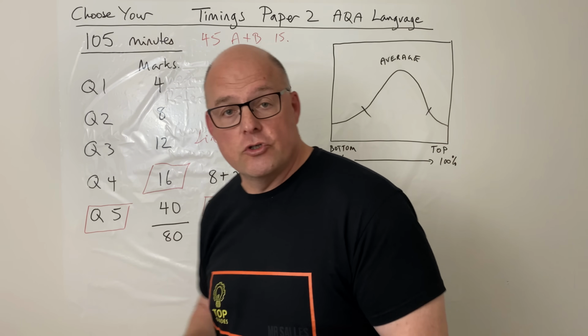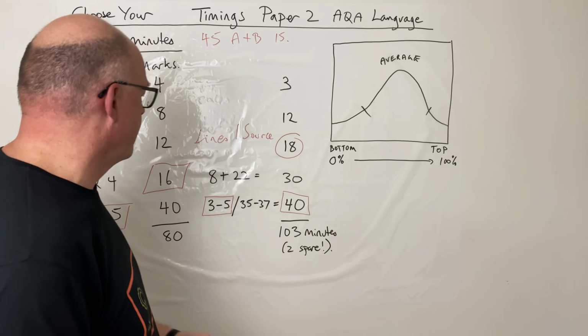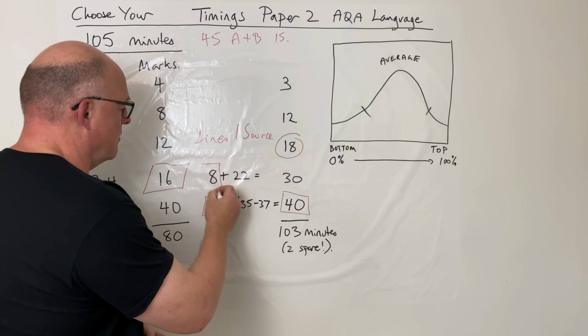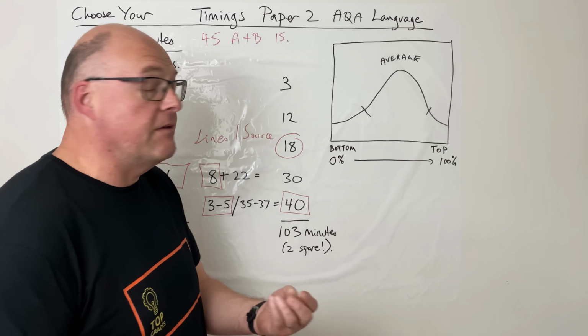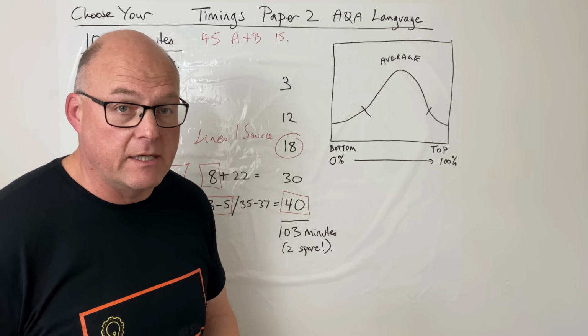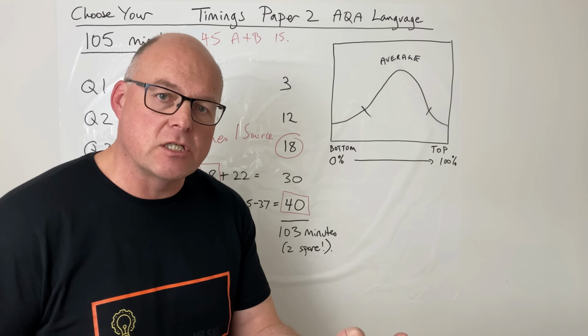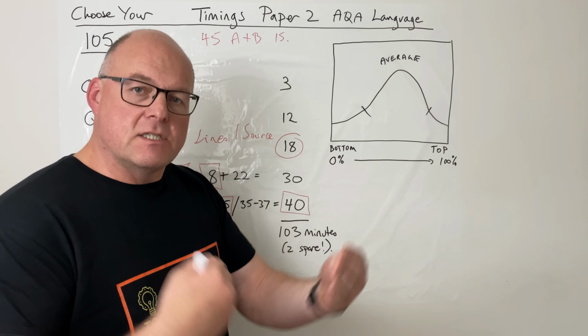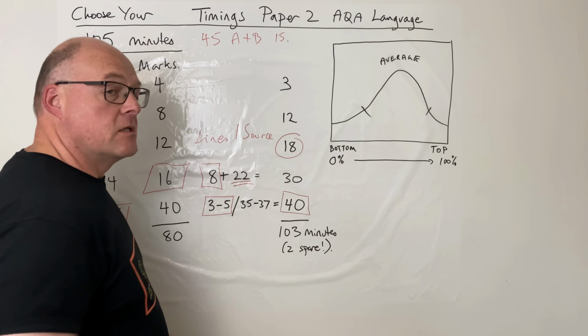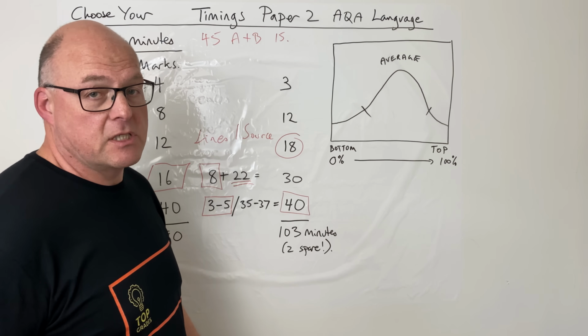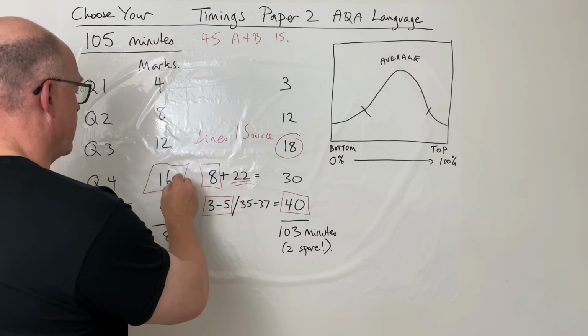So, how long should you spend on the 16-mark question? Well, I've already told you, I think you need 8 minutes for the reading, 10 if you're a particularly slow reader. Test it out, go and practice on an old paper, read and see how long it takes you. That leaves you 22 minutes to write how many comparison explanations? 16.